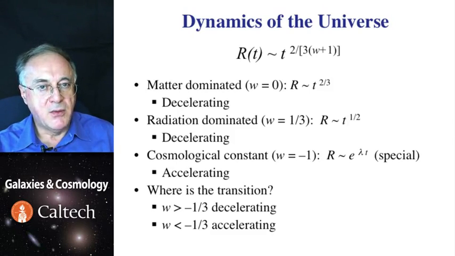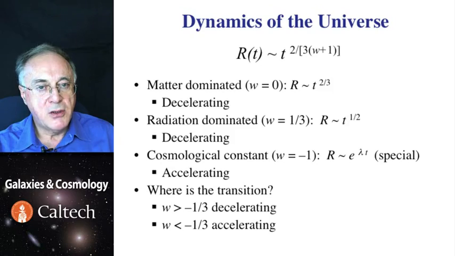Since that power is less than 1, the universe is decelerating. It's slowing down its expansion. This was intuitively obvious because the gravity of the matter pulls everything back. Just as if you were to throw an object up in the air, it will reach certain maximum height while decelerating all the way there, and then of course it will turn and fall down.